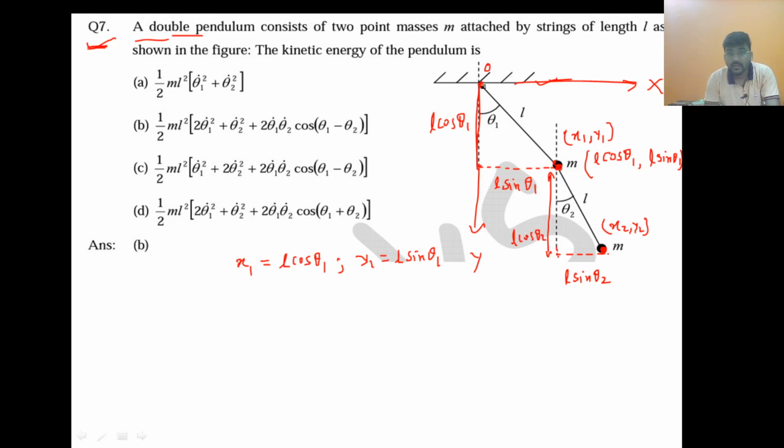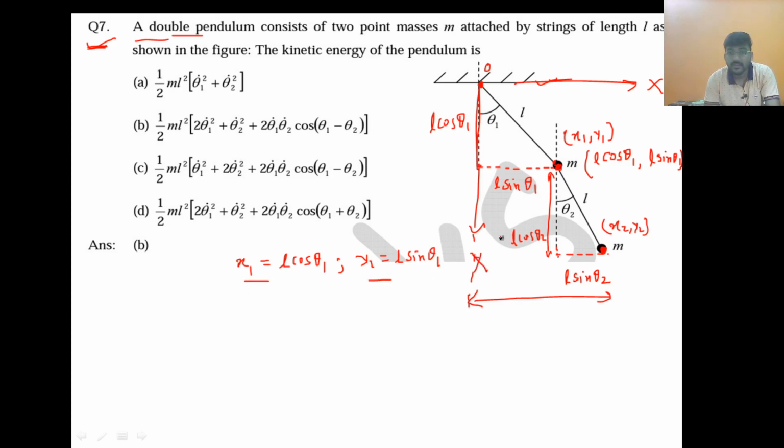Now as this is the origin, let me take this as the x axis and this as the y axis, okay, then it will be correct, x1 comma y1.